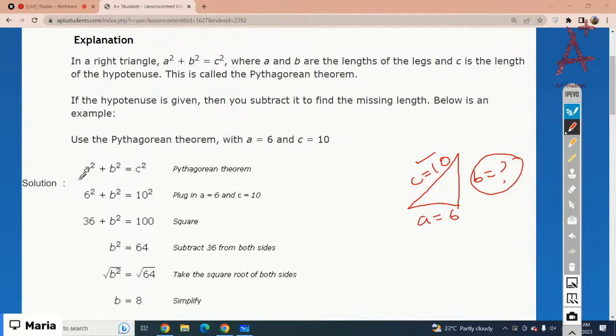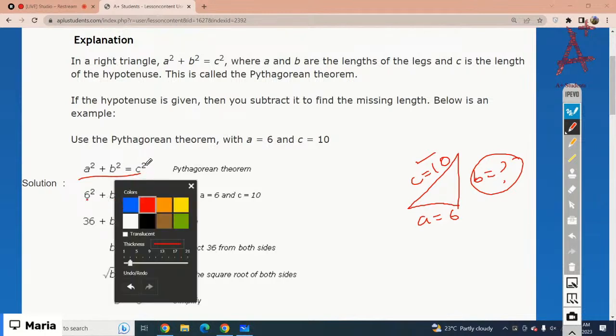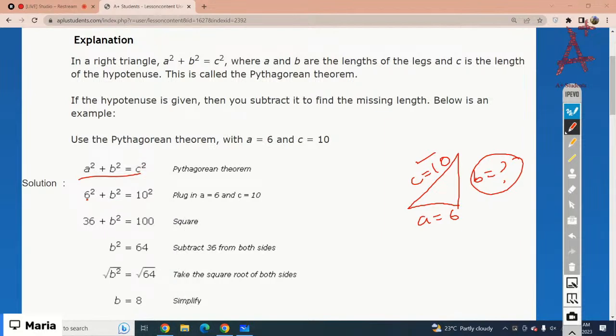You have to use the same Pythagorean theorem. Just put the values. A is given 6, so it would be 6 square. You need to calculate B, so it would be B square. And you're given C, that would be 10 square. So 10 square is 100. And here you have 36. You need to move that 36 to the other side. It would be B square equals 100 minus 36.